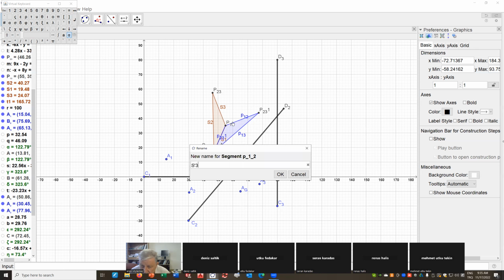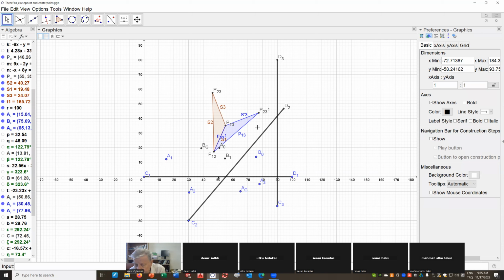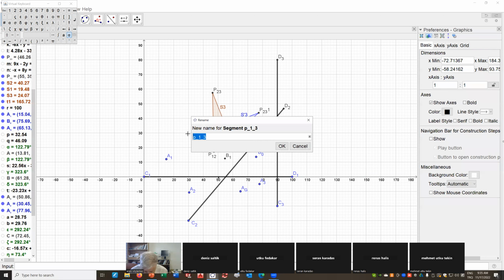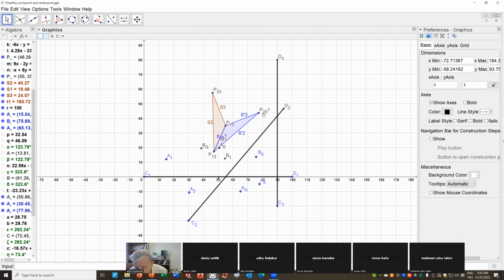Can anyone see that? S prime 3. That is the side 3 for the image pole. Rename it as S prime 2. Side 2 for the image pole triangle.